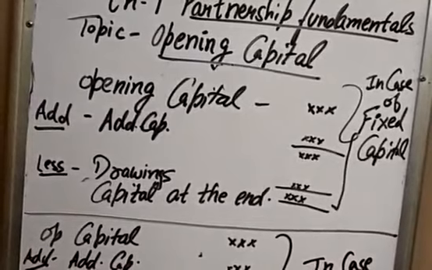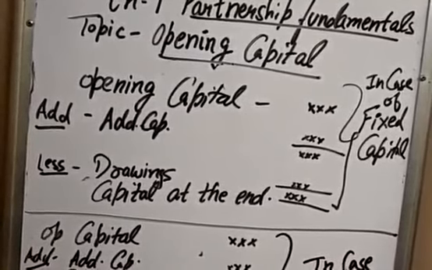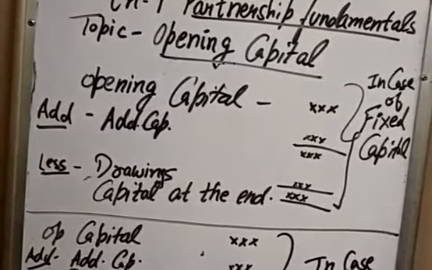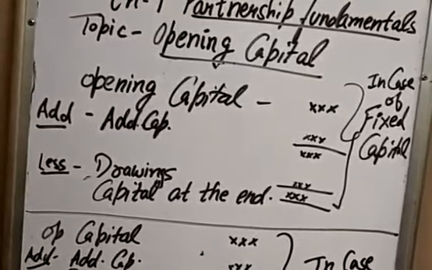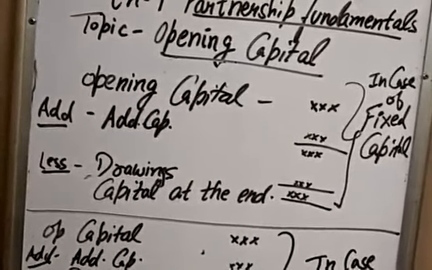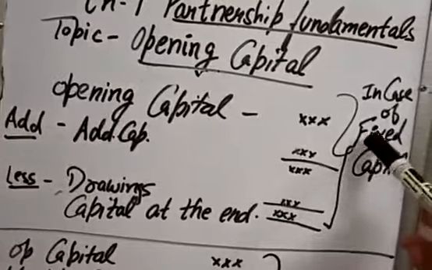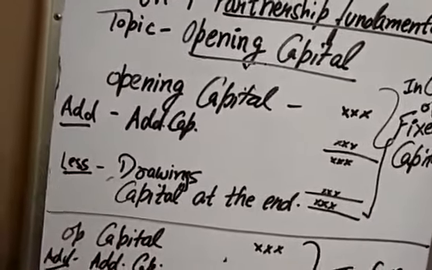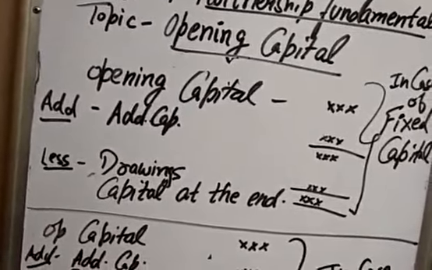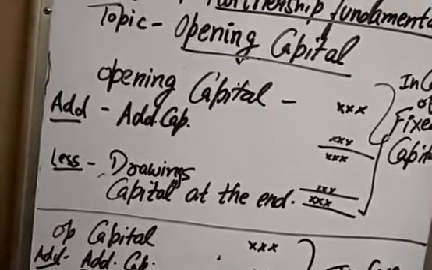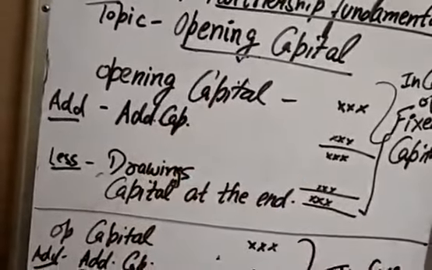So we will do this topic. There are two methods of calculating the capital account. First of all, we'll discuss the case of fixed capital account. If there is a fixed capital account, then first of all we write the opening capital.